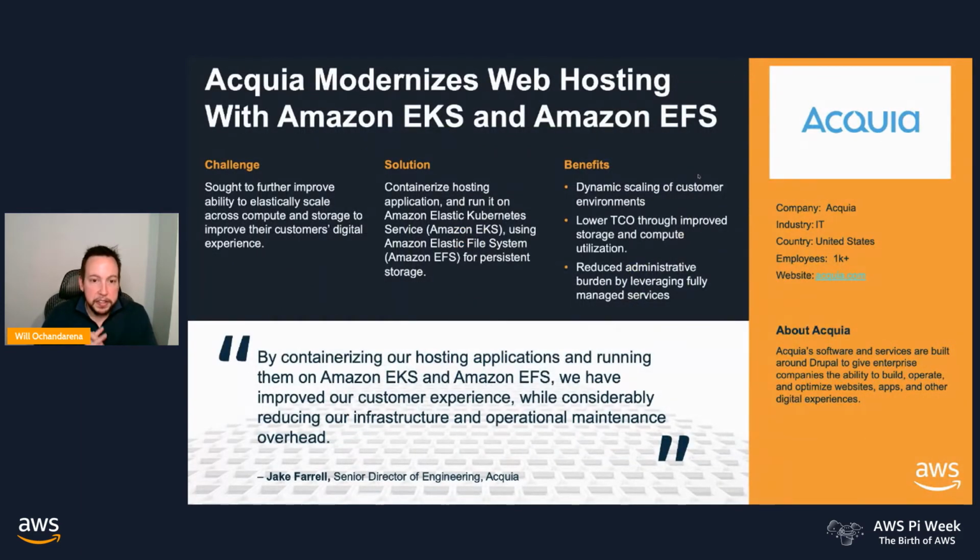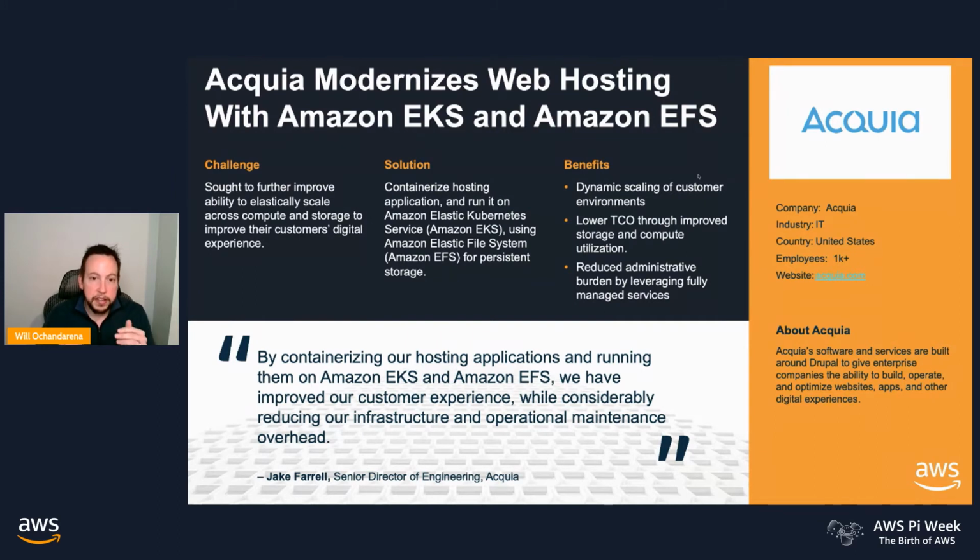I've got a couple of case studies in these slides. So the one that's relevant here is with a company called Acquia. Acquia is a hosting provider, so they have a managed version of Drupal content management service. So customers use them to host and manage their Drupal-based content management systems, websites, things like that. And Acquia recently modernized by moving on to EKS.